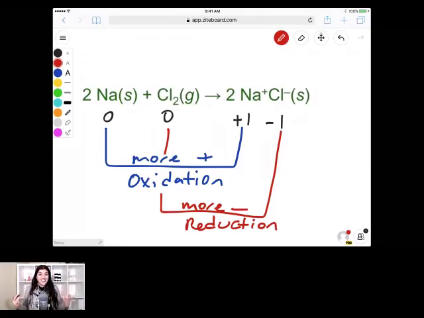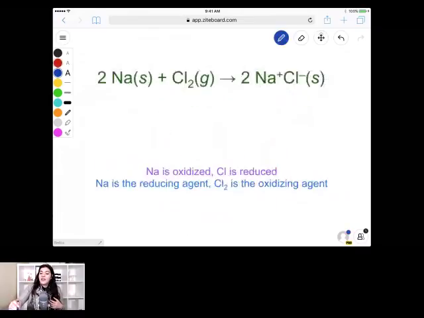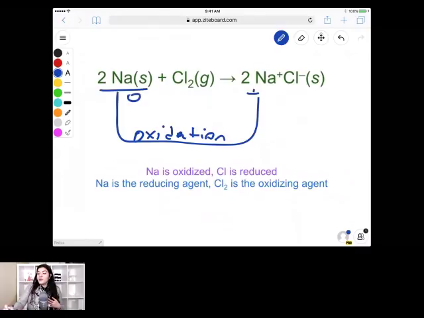Now let's look at our different types of agents and see whether each is an oxidizing agent or a reducing agent. Since we know the sodium, going from 0 to a +1 oxidation state, is being oxidized, that's the opposite of what I'm anticipating.